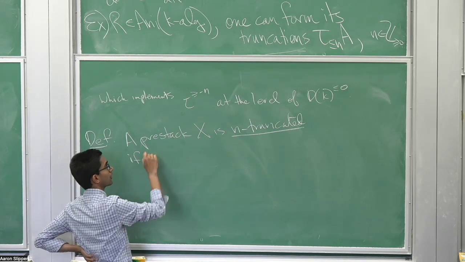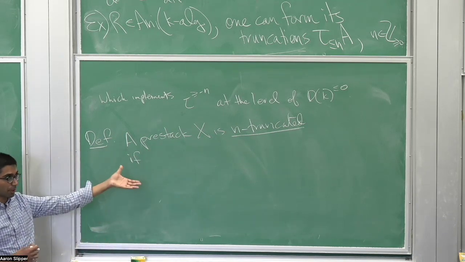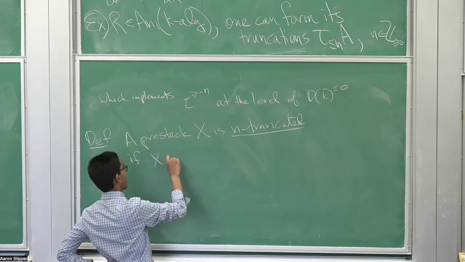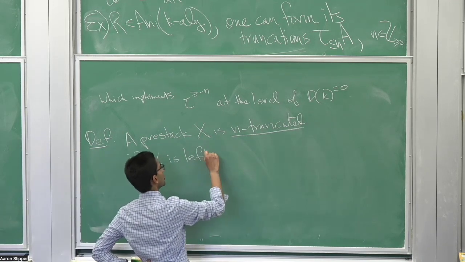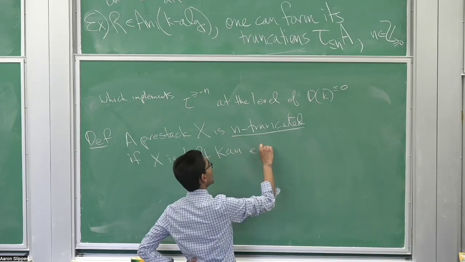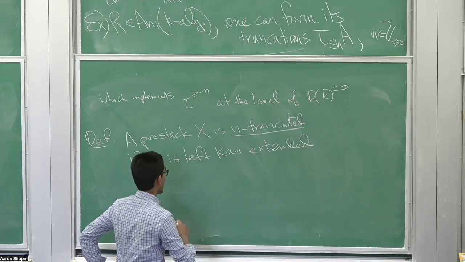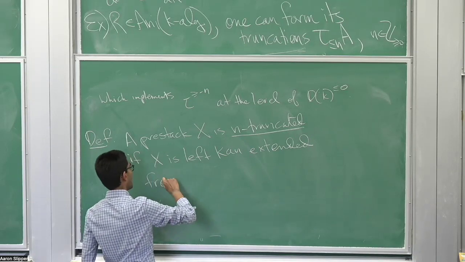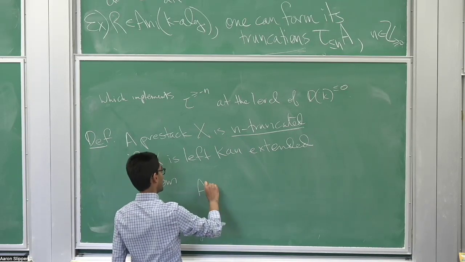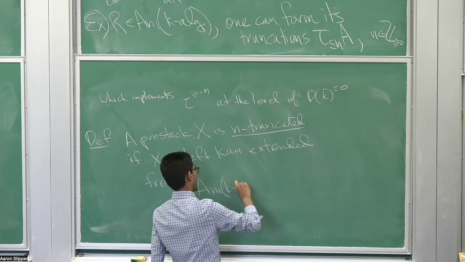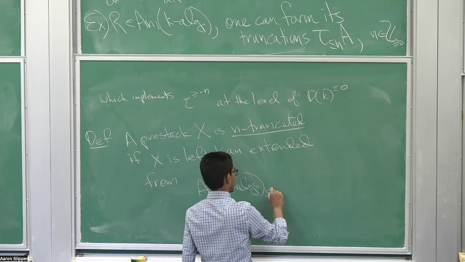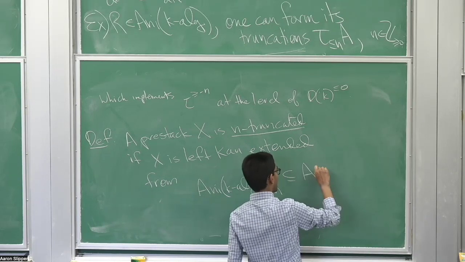So X is a functor from animated rings to anima, and X is n-truncated if X is left Kan extended from the subcategory of n-truncated animated rings inside all animated rings.